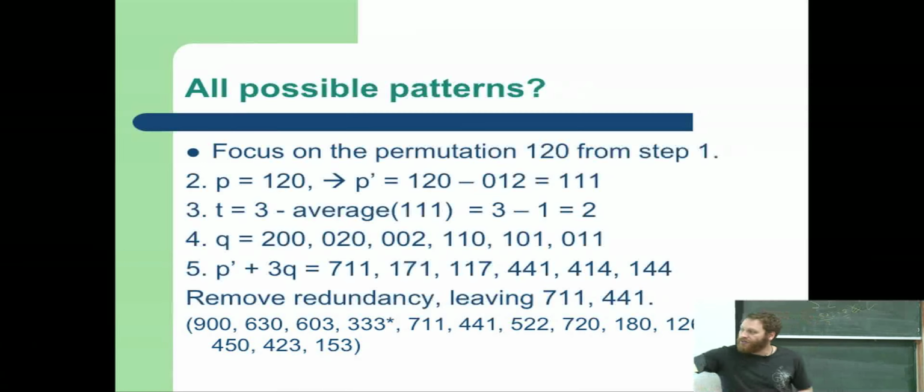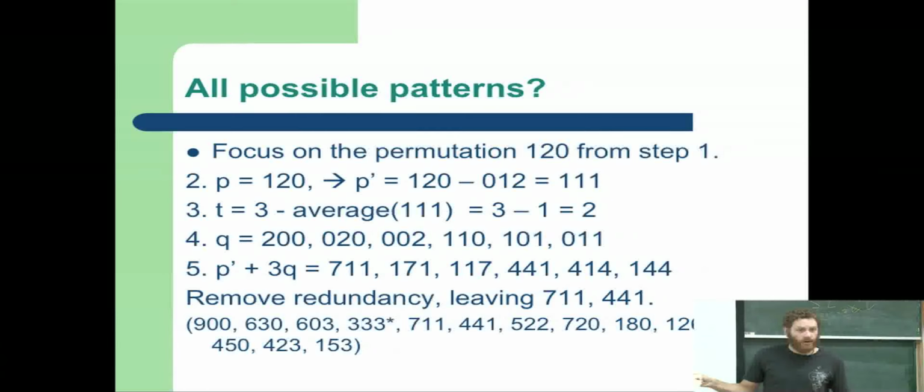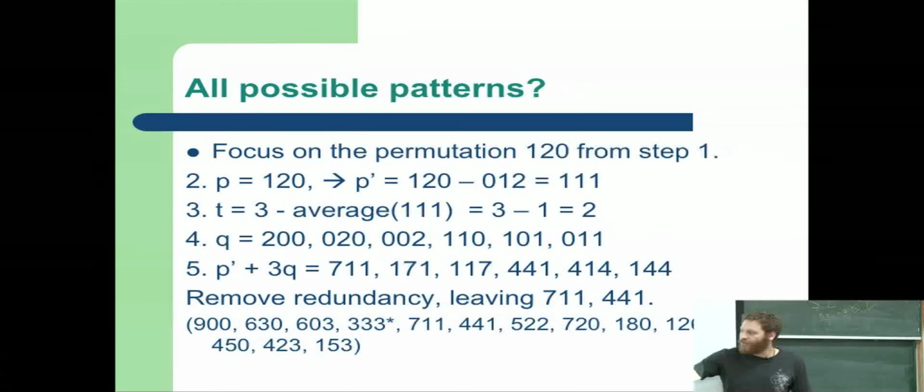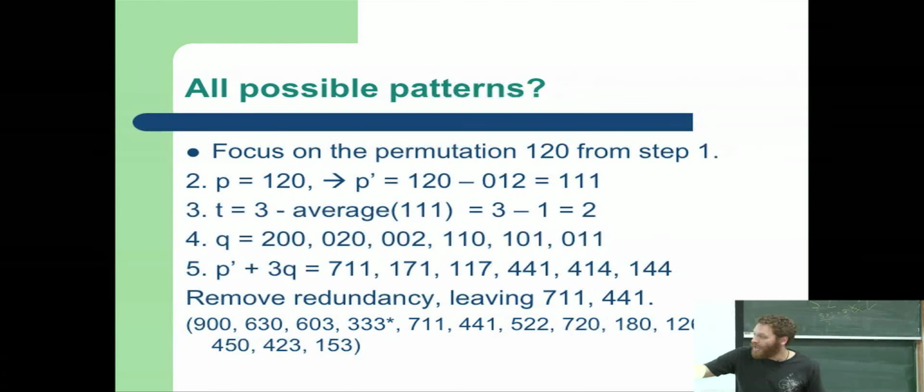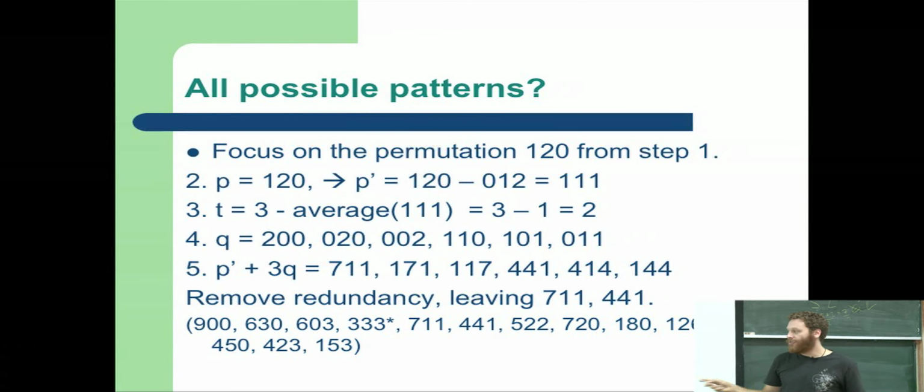Now, in step 4, we list all the strings whose entries add up to 2. This is an exhaustive list, all the possibilities. And then in the final step, we take our P prime, that's this string of 1s, and we add 3 lots of each of these to generate this string.